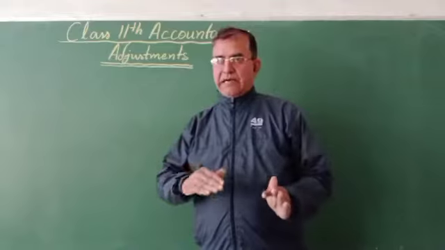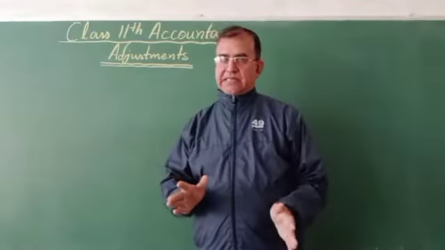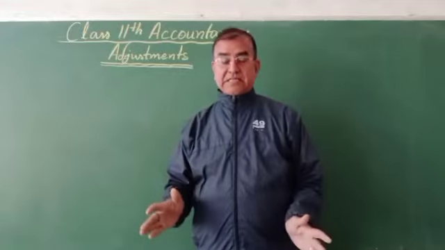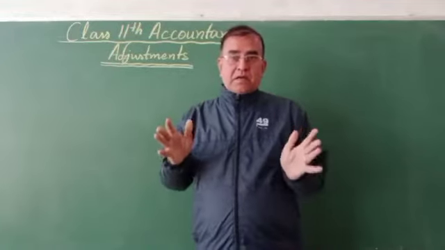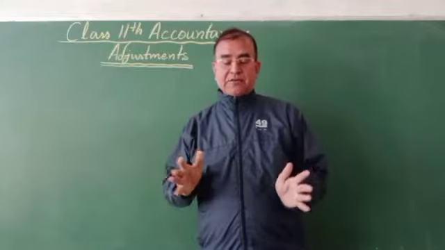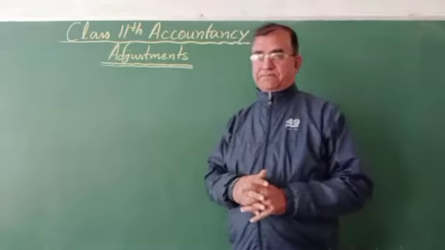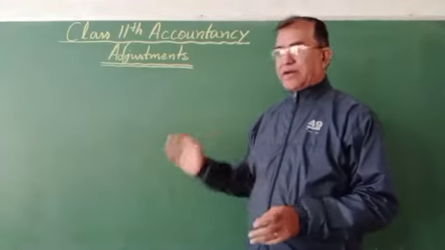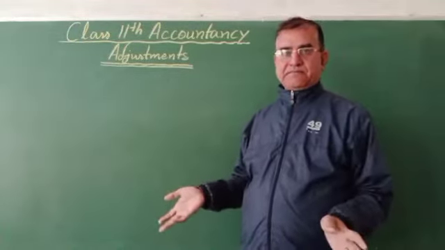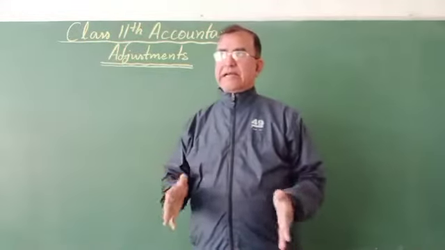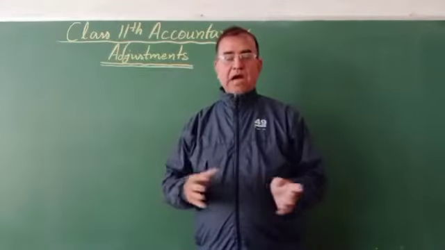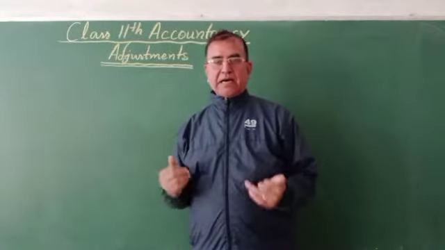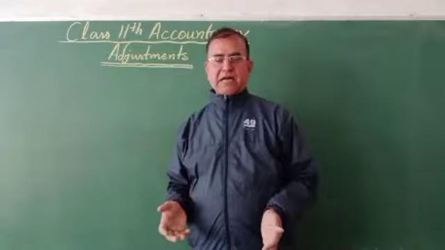It means the relevant expenses or assets or other types of activities related to the particular accounting period are recorded, all the transactions, whether outstanding or prepaid, accrued income, unaccrued income, closing stock.